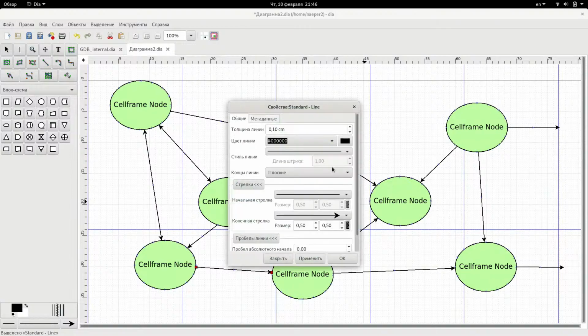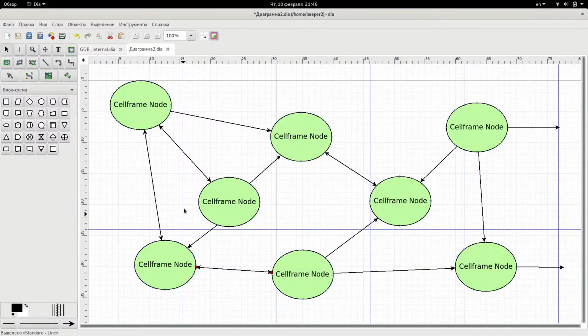And every time it syncs, it exchanges GDB. So it's not only about chains. We could see chains, but also GDB. Chains and GDB, that's what they exchange.